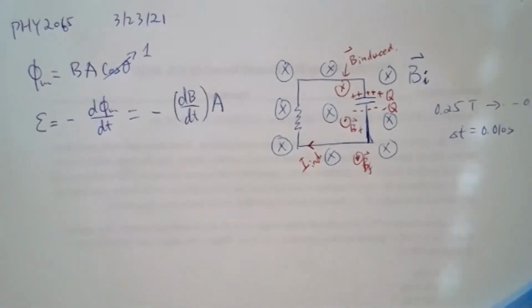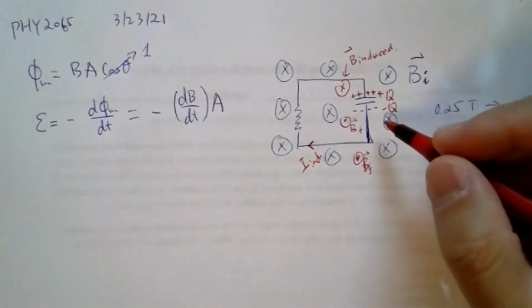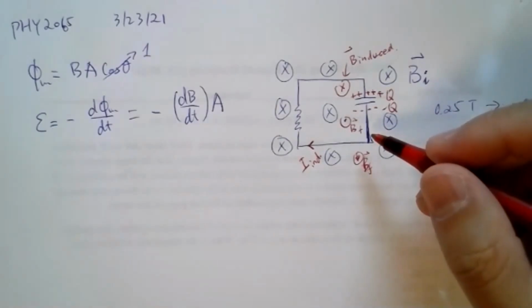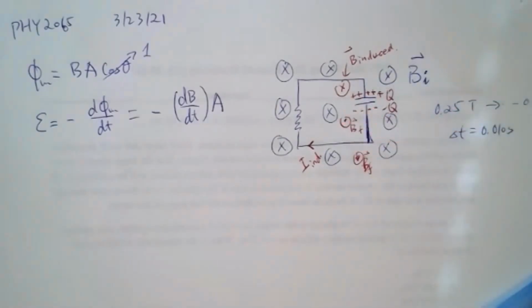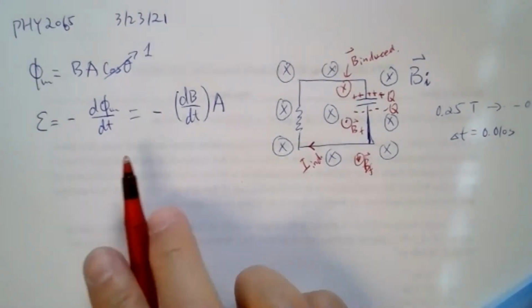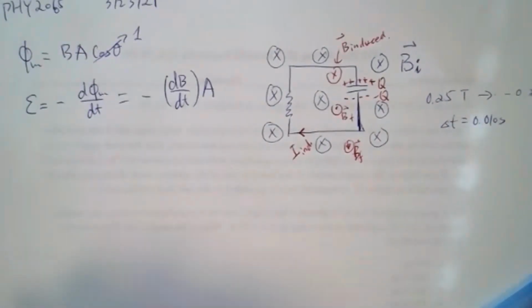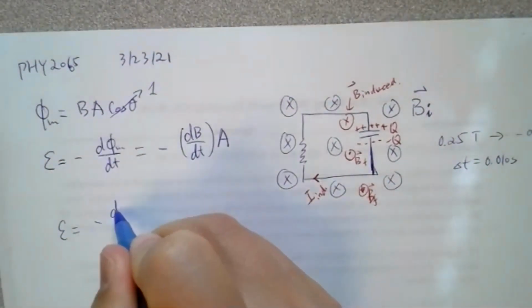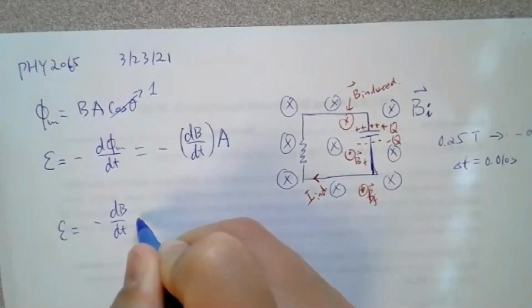In order to calculate the charge Q, we need to know the voltage, which in this case is the induced voltage. So epsilon is equal to minus dB over dt times A.